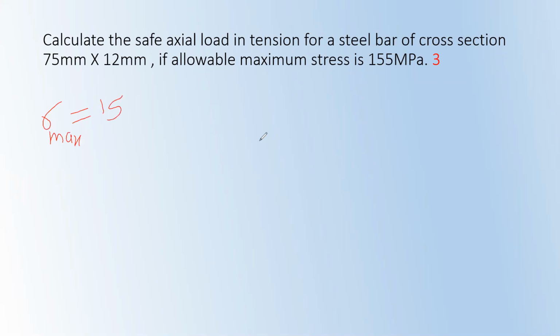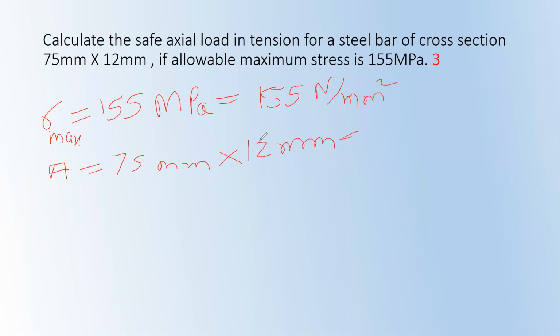It is nothing but 155 MPa, but I have to know that MPa denotes Newton per mm square. So I have to take the area also in mm square. I calculate area. Area is equal to 75 mm into 12 mm.